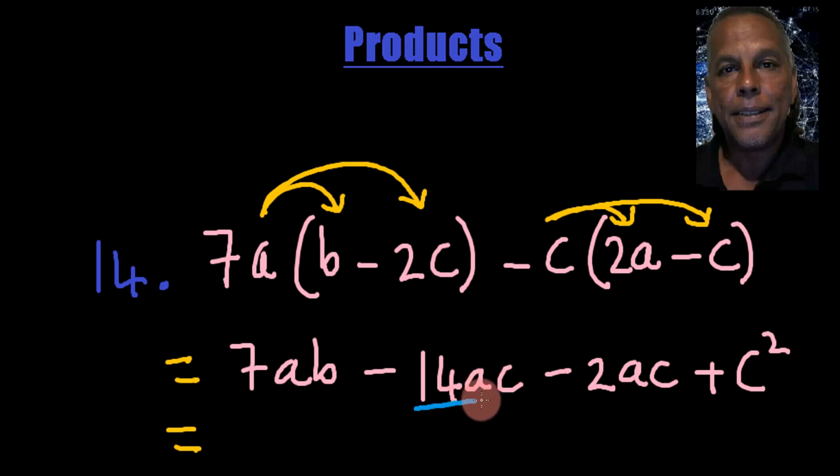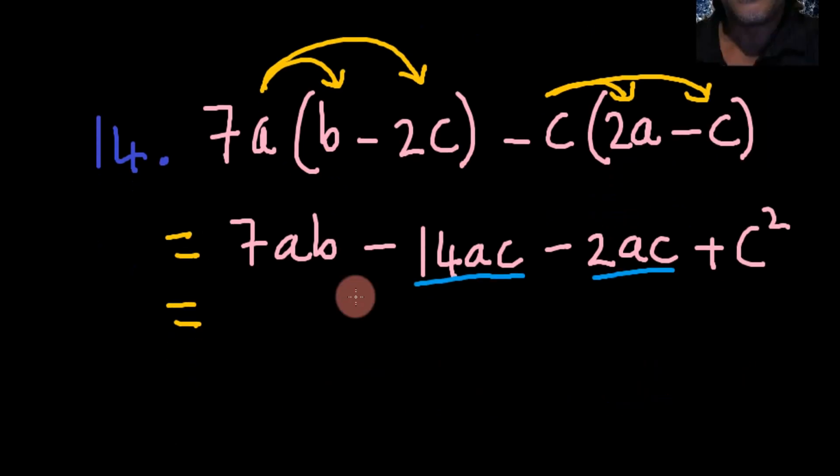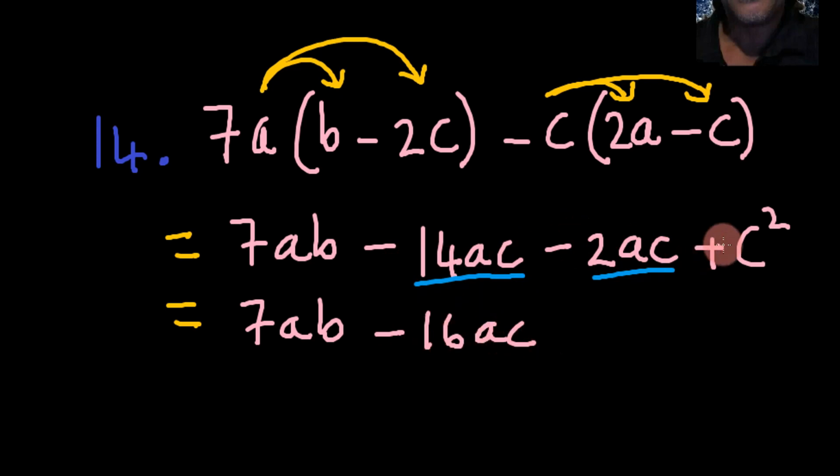So these two are like terms. So we can rewrite the 7ab. Then negative 14ac minus 2ac is negative 16ac. And then of course we still have the plus c squared.